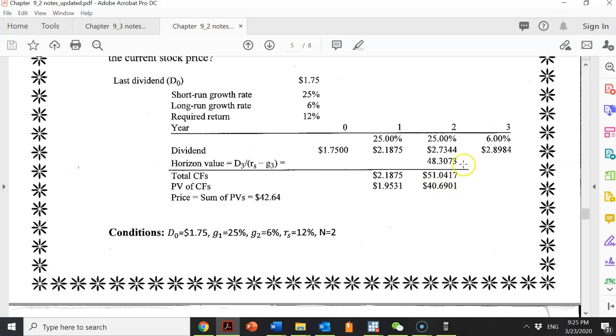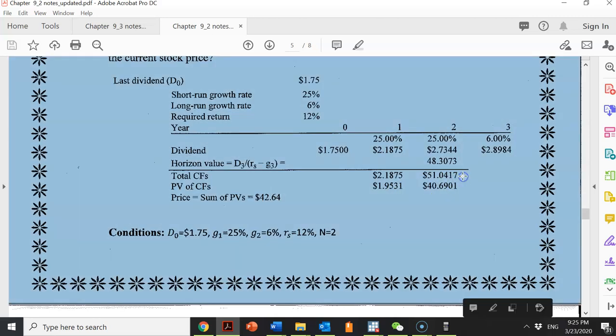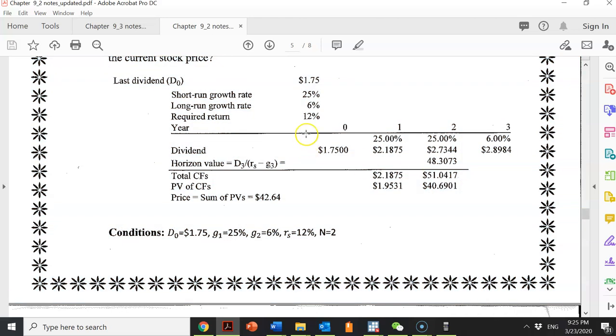In order to get the present value of these two cash flows, we use 2.1875 divided by 1 plus 12%, so we have 1.9531. We can discount them manually if we do not use the cash flow function. For D2 plus P2, you discount by dividing by 1 plus 12% squared, so you have 40.6901.